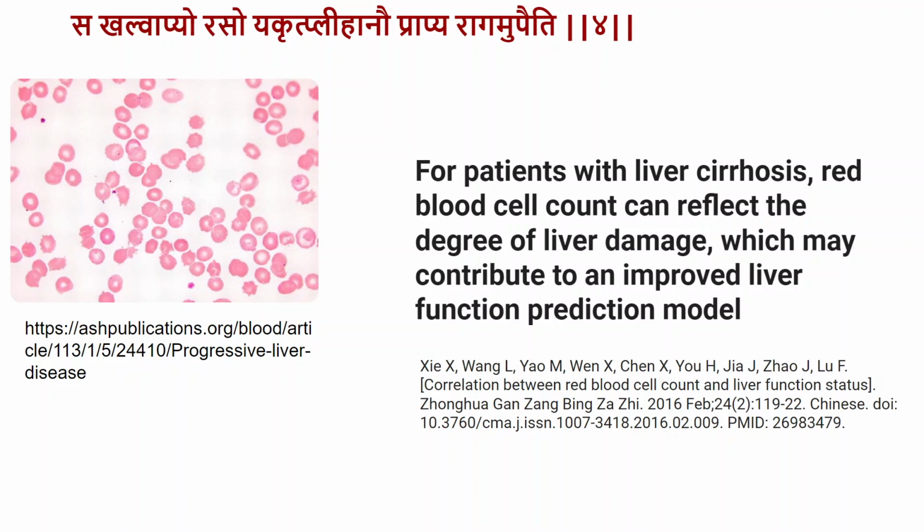Rasa is basically considered saumya, but that saumya rasa, after reaching the yakrit pliha, sa rasaha yakrit plihano prapya ragam upaiti, gets a reddish color added to the fluid. I have not used the word blood; it is considered as the rakta. That red color, as we know, is due to the oxygen carrying substance, the hemoglobin, which is added to the circulation in the form of RBCs.